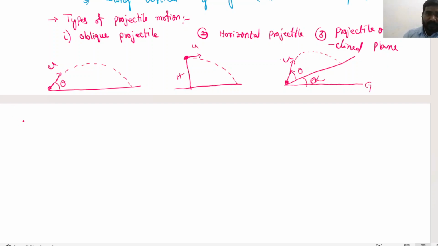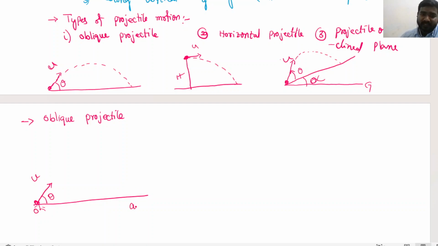First one, oblique projectile. Take the ground as reference, and the observer sitting is taken as origin O. He throws the object with a certain initial velocity u, making an angle theta with the horizon.